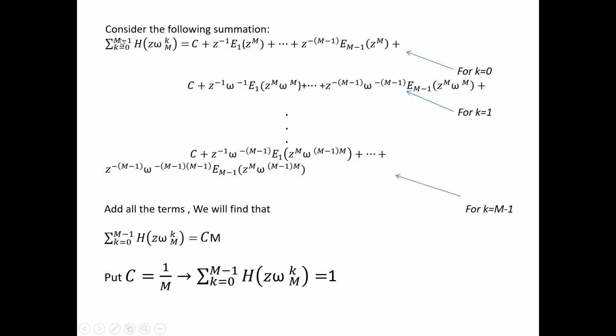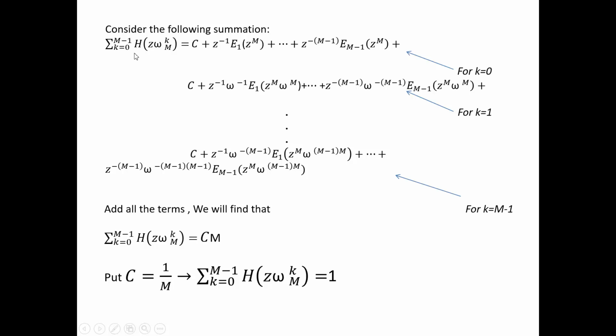Now, if we dig a little deeper into the Nyquist filters, consider sigma k going from 0 to capital M minus 1 of H of z omega_M^k.